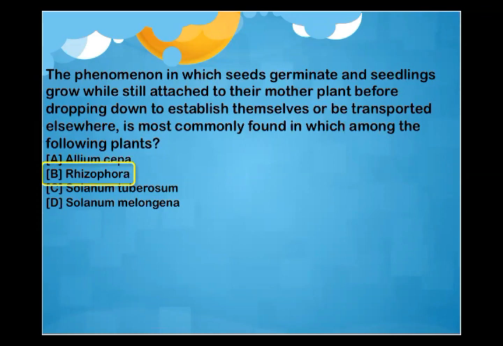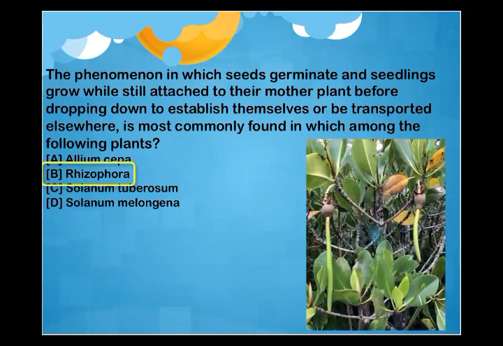Vivipary generally does not exist in the plant kingdom, but some species of angiosperms exhibit the vivipary reproductive system. What does it mean? They produce seeds, but they won't shed the seeds. Until the seed germinates and produces the seedling, the seed remains with the mother plant.